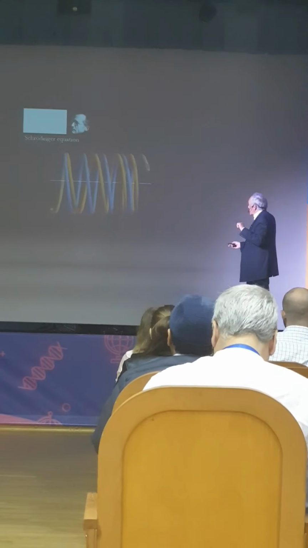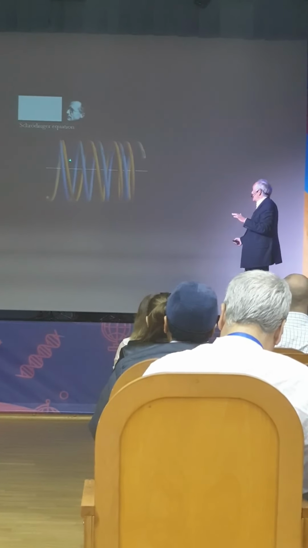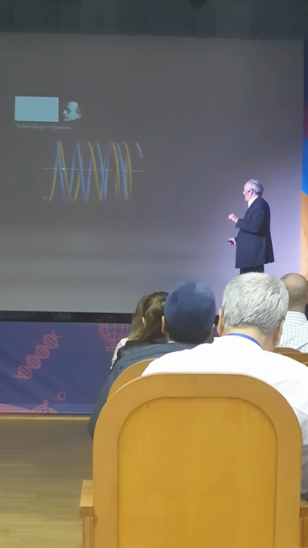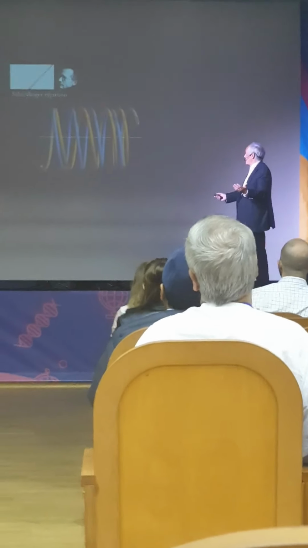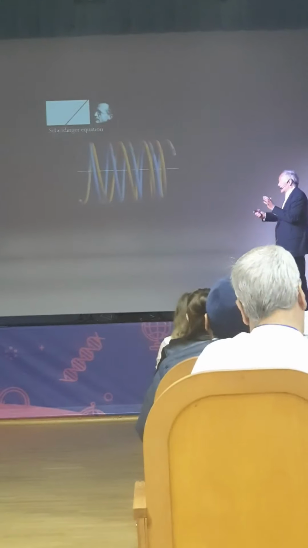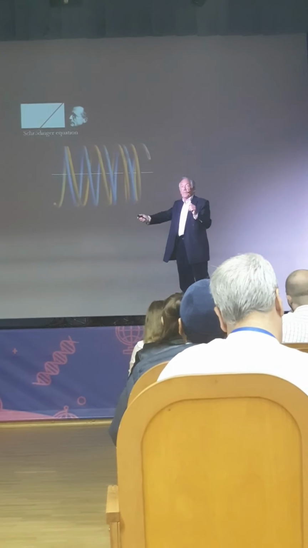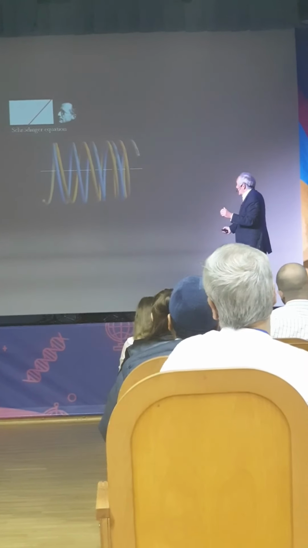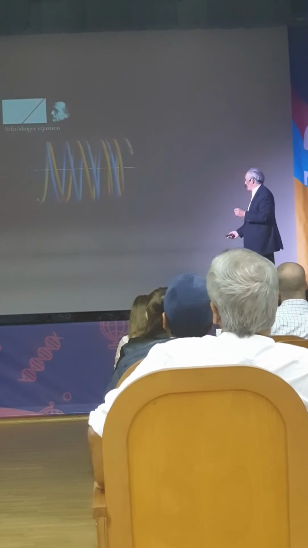And the consequence is that the yellow curve is no longer a solution of the Schrödinger equation. The blue wave was, but by shifting by different amounts locally, the yellow wave no longer satisfies the Schrödinger equation.